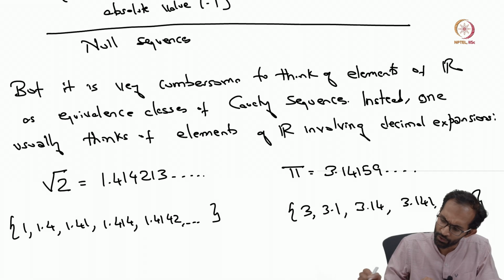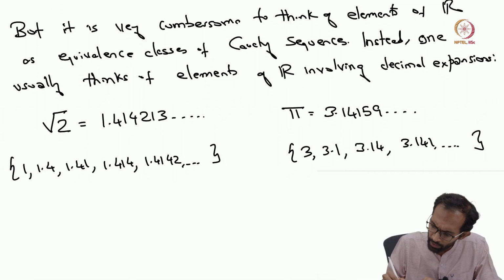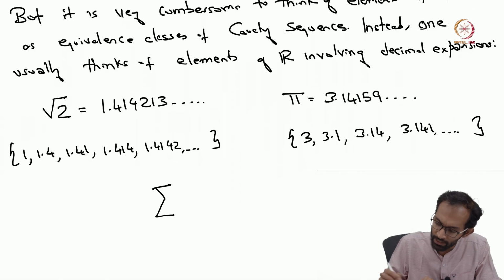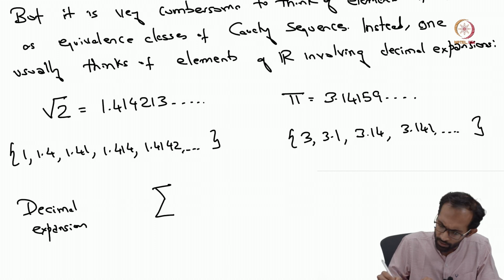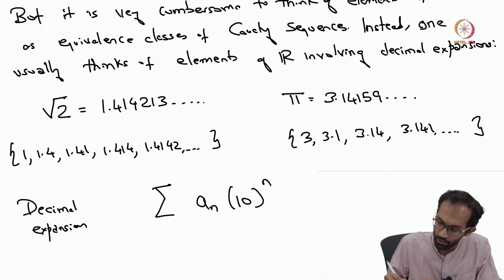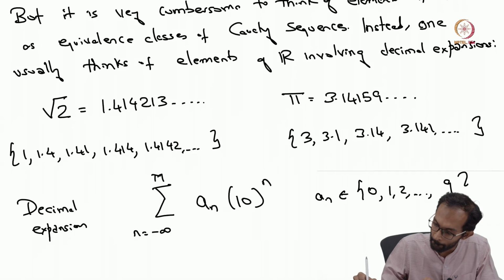So we have this convenient sequence that we all think of, and correspondingly we have this decimal expansion for an arbitrary element in base 10. You write this as the sum of a_n 10^n, where you could start from minus infinity, but then you cap off somewhere at m. And these a_n belong to 0, 1, 2, all the way up to 9.